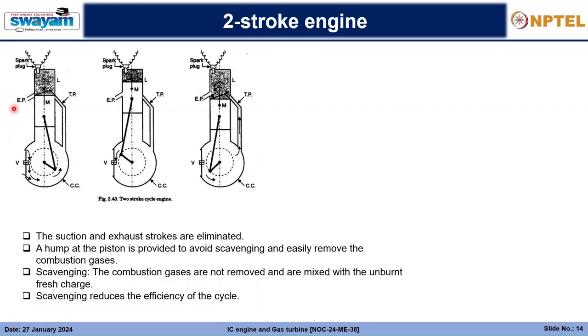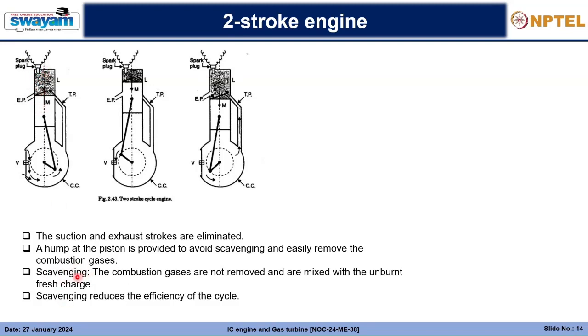That case is actually called scavenging, because some part of the exhaust gas is still remaining here with the fresh charge, and that part is already burnt. So that is of no use when the combustion takes place. That is actually reducing the efficiency.